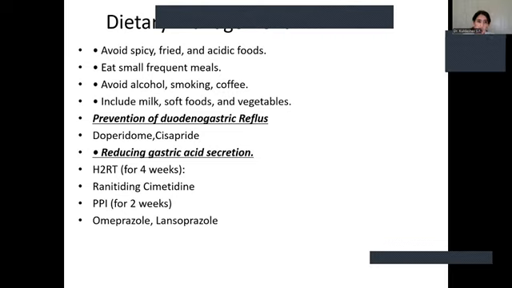The next one is dietary. Avoid spicy, fried, and acid foods. Eat small, frequent meals. Avoid alcohol, smoking, and coffee. Include milk, soft foods, and vegetables.